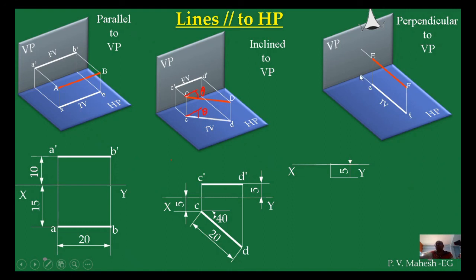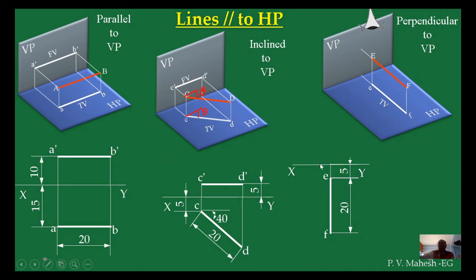Once I know the point E, I can draw a perpendicular line, because the line is perpendicular to VP. So the line is perpendicular to XY here. The length of the line is 20 mm. With this I get E and F. Now the top view is completed.